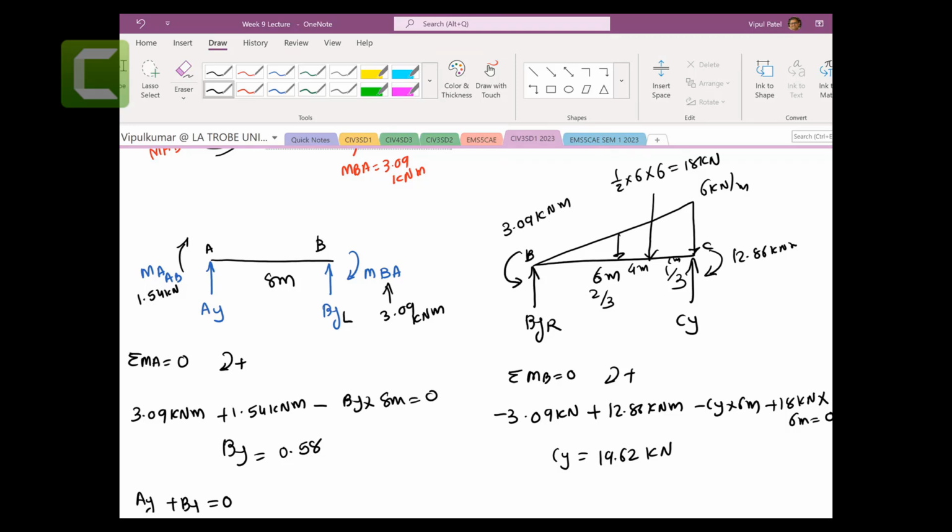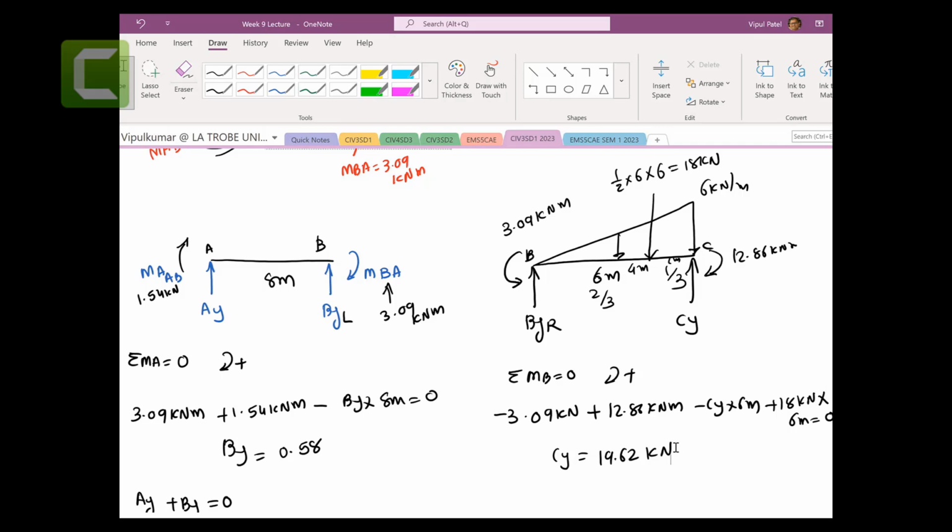12.86 and 3.09, and that would be your 0.5 times 6 times 6, which would be 18. That's all good. And that would be the centroid, 2/3 and 1/3. So 2 divided by 3 times 6, which is 4 meters and 2 meters.